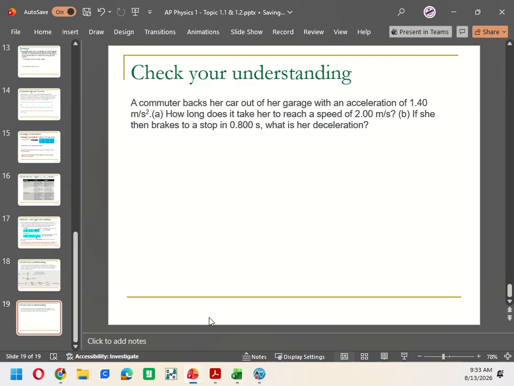So I have my a, which would be my final velocity, 0, minus, what was my initial velocity?